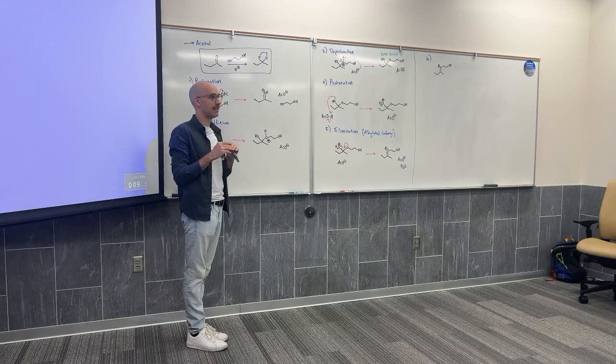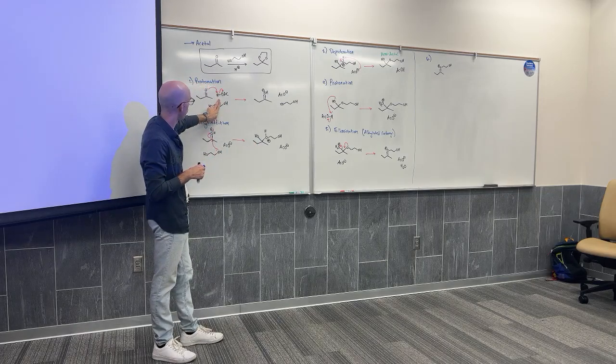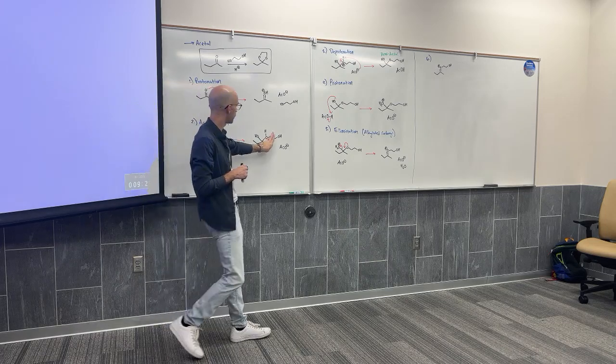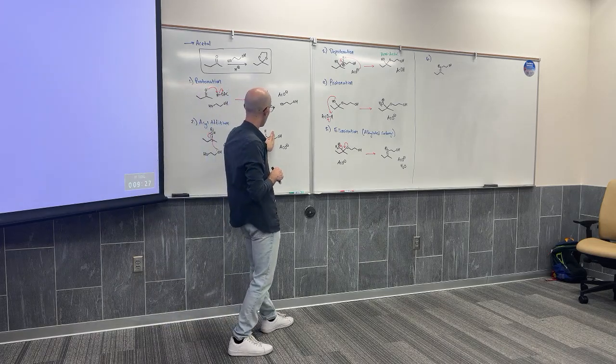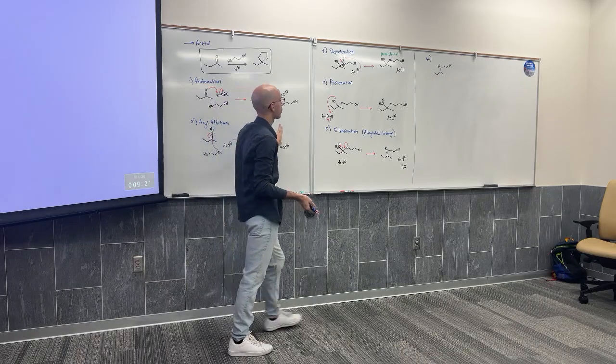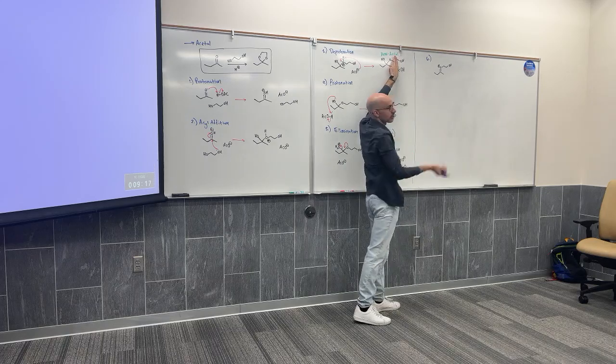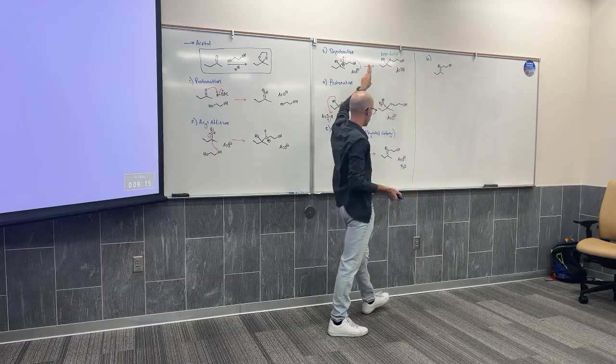Remember I said it's the difference of just erasing a bond. If I was dealing with two equivalents of methanol, I would just erase this bond. I still have an ether, I still have an alcohol, they just wouldn't be attached to each other.